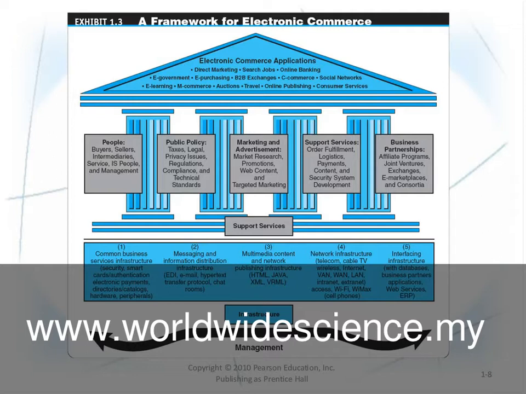And finally, based on this infrastructure and support services, you will have your electronic commerce applications like direct marketing, job search, online banking, e-government, e-purchasing, B2B exchanges, c-commerce, social networks, e-learning, m-commerce, auction, travel, online purchasing, online publishing, consumer services.